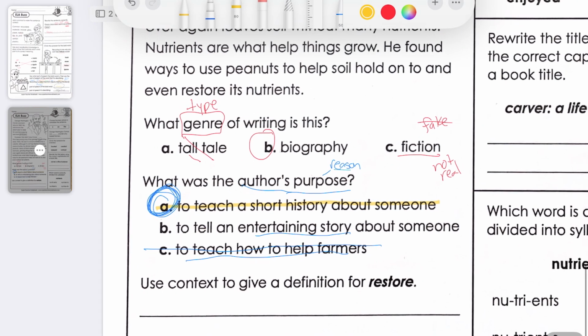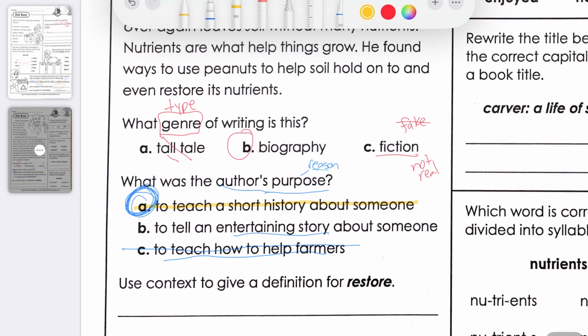Okay. And then it says use context. Context is another word for background information. Background info, things you already know. To give a definition to find out what it means for restore.